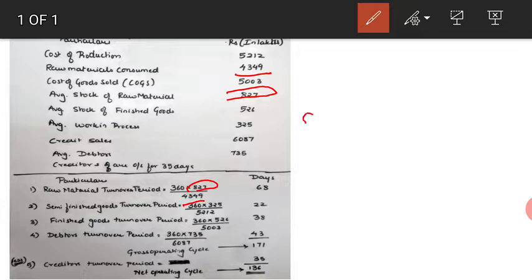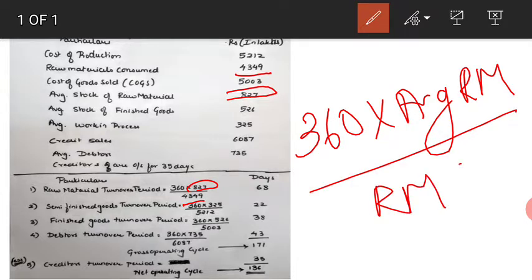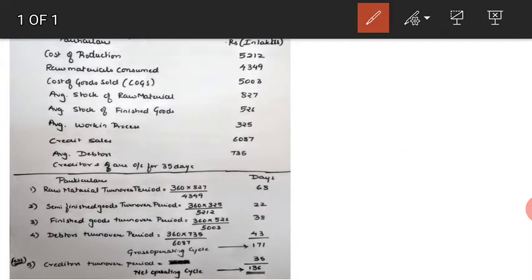So as the formula goes, it is 360 into average raw material divided by raw material consumed. Right? So it is 360 into 827 divided by 4,349. If you simplify this, you get 68 days.